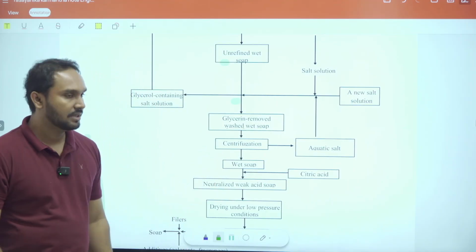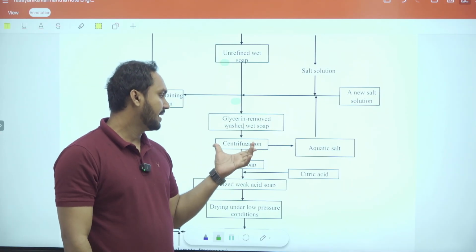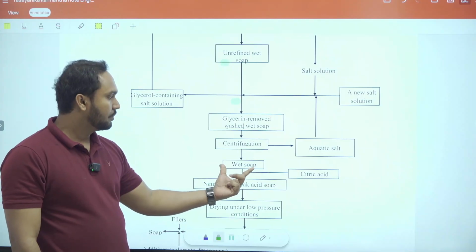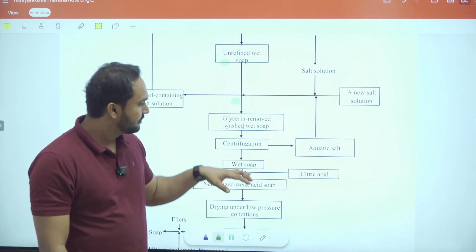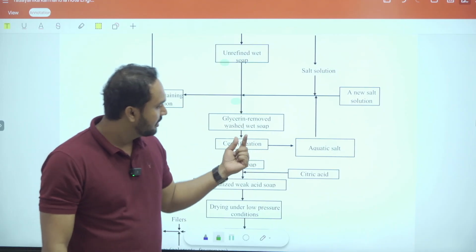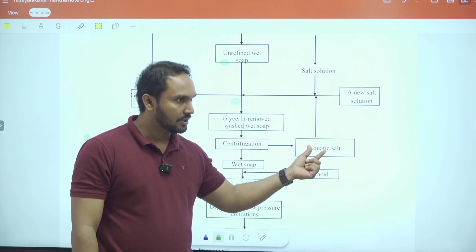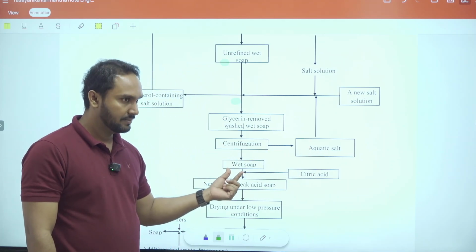So the one layer is water, the other layer is soap. So by centrifugation, we can separate the water and soap, and the wet soap is removed, right? Now the wet soap is removed. Now after centrifugation, the water is removed as aqueous salt, right? And the wet soap is taken separated, right?